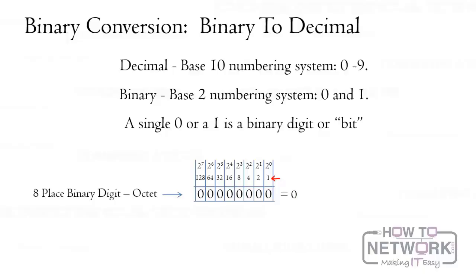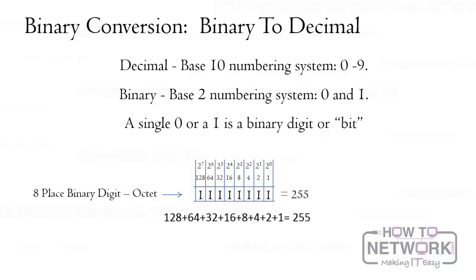If all of the bits are on, then we add each of the numbers together: 128 plus 64 plus 32 plus 16 plus 8 plus 4 plus 2 plus 1, which equals 255. Now, believe it or not, you can create any combination of numbers from just binary. You don't need decimal, and we're going to see that in just a second.